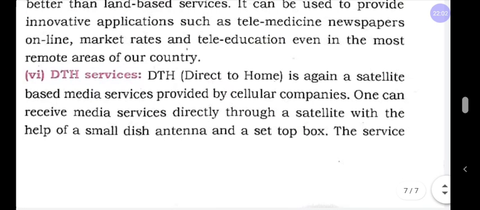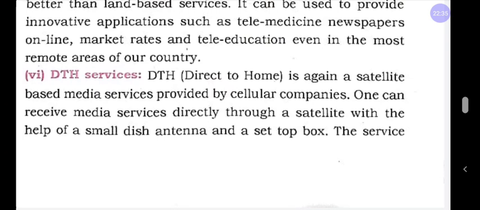And last one, DTH services, direct to home. Nowadays DTH services are very famous. For example, we have Sun Direct or different DTH services. They provide their services. We can call them cellular companies, and in olden days they had the antenna, but nowadays they have a dish and also a set-top box.